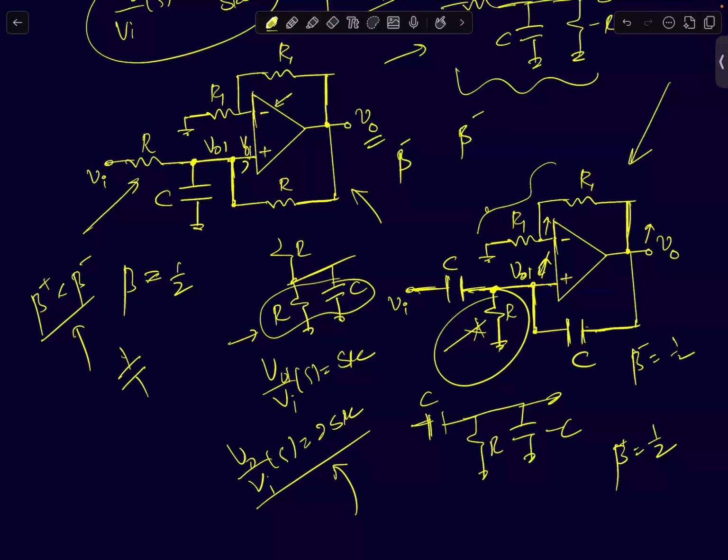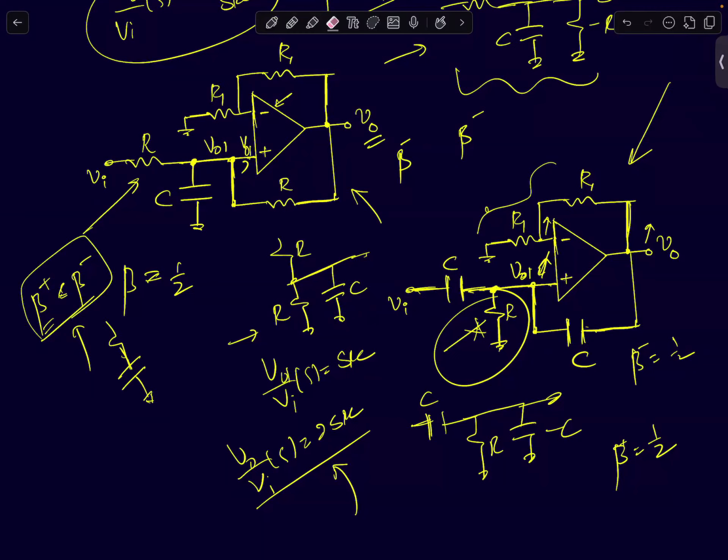Also, you can think about it this way. All practical capacitors, the ones you purchase in the market, the electrolytic capacitors, the ones you see in your labs, the ceramic capacitors, will all come with an inherent series or parallel resistance. So you can picturize that you will have some series or parallel resistors along with it, which will ensure that beta plus will always be less than beta minus.